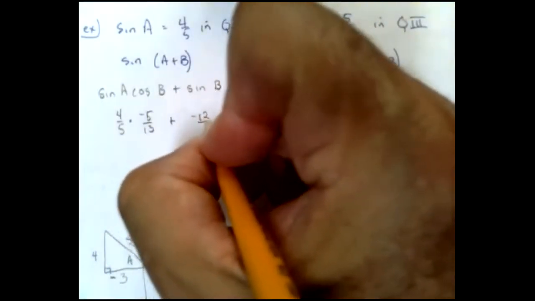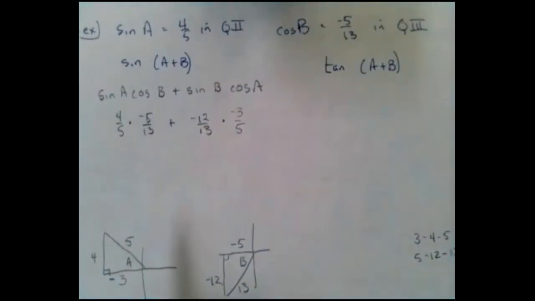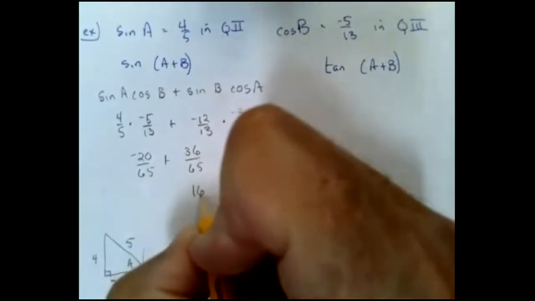Sine of B, -12 over 13. Cosine of A. Nice. Again, something we learned before is drawing these triangles by location. -20 over 65 plus 36 over 65, 16 over 65. Nice.